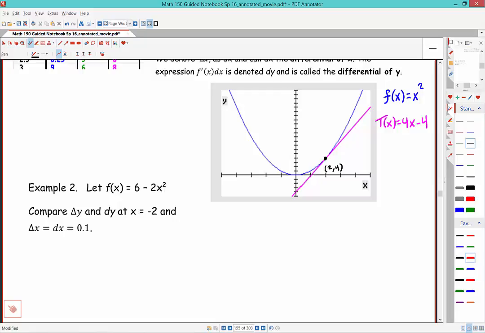Now let's see what's happening. We have our tangent line, and our tangent line works pretty darn well. Let's go ahead and draw this slope triangle here. Good so far? Let's take a look at these lines here.